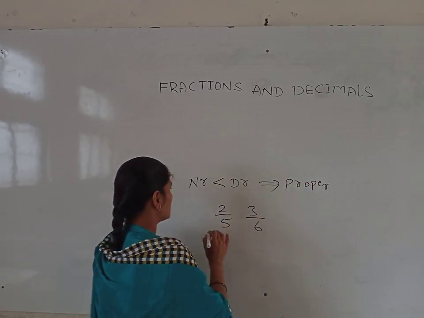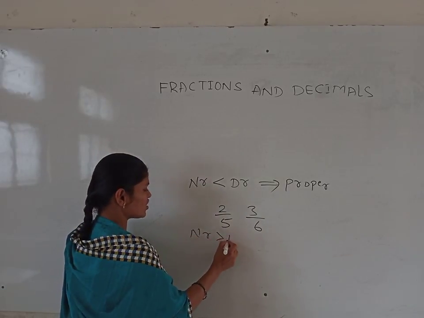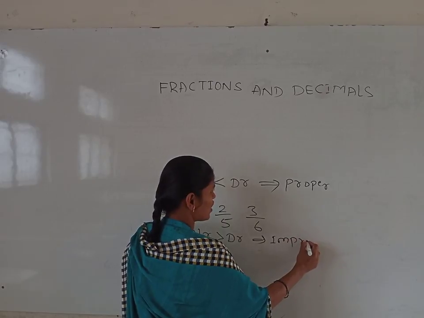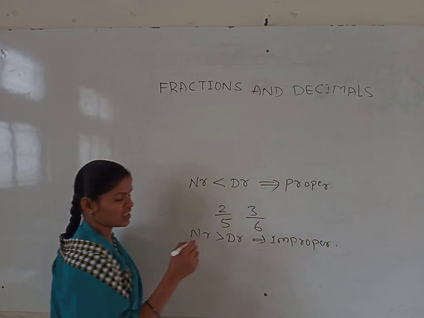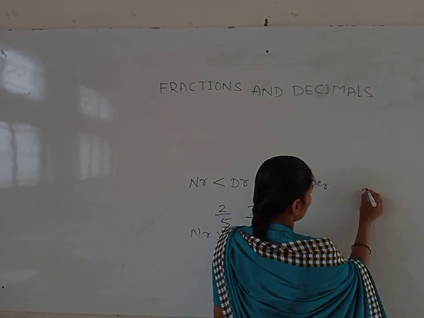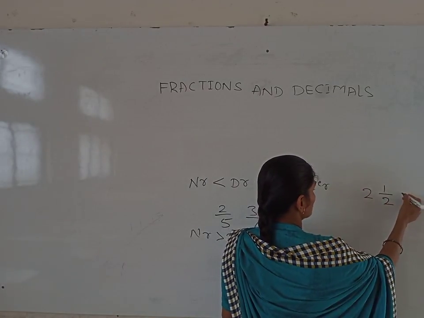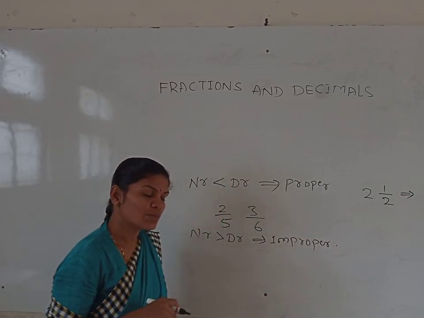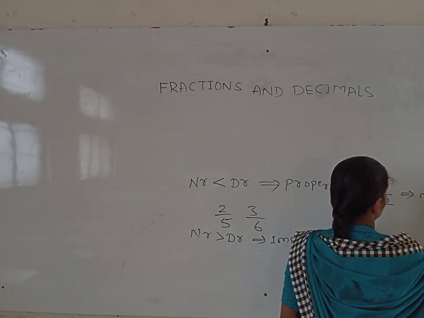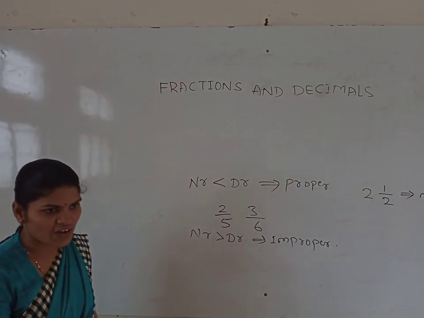Then if the numerator is greater than the denominator, it is an improper fraction. Here the value of the numerator is greater than the denominator. Suppose one whole number including one proper fraction, if you write, it is a mixed fraction. Whole number plus proper fraction together is a mixed fraction.